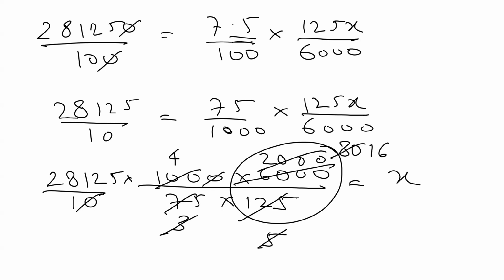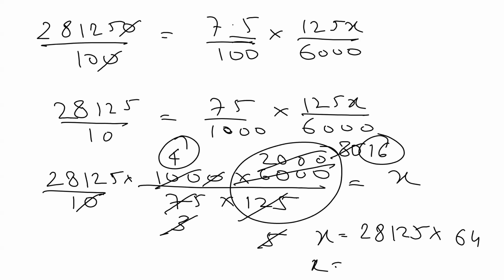So x will be nothing but 28125 into 16 into 4, that is equal to 64. So you'll have to calculate this particular value, not with a calculator obviously, but just multiply 28125 into 64.